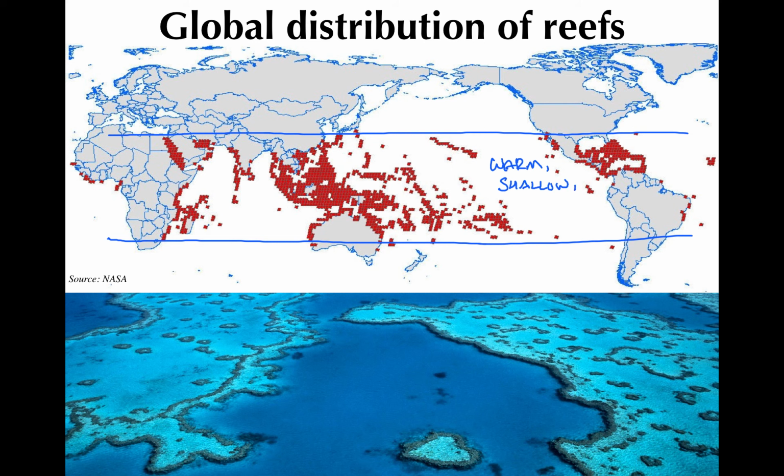Reefs also tend to occur where the water is clear, and so you'll note that there are a couple places where you might expect to find reefs, but you don't because big rivers are putting a lot of sediment in the water, say around the mouth of the Amazon, the mouth of the Mississippi, the mouth of rivers like the Niger and the Congo in Africa, and so forth.